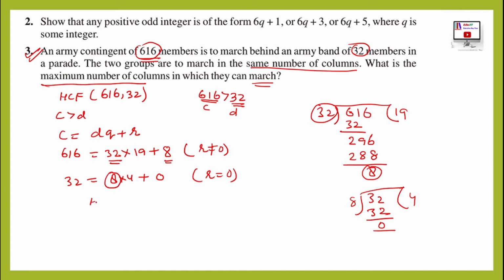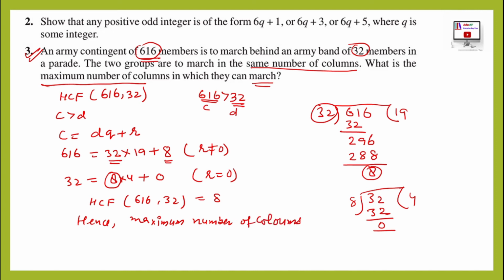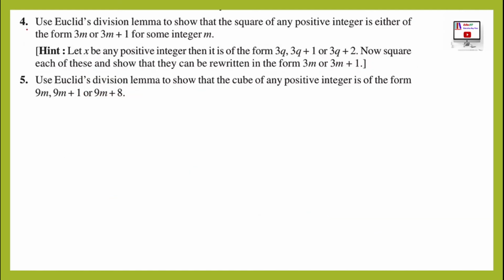So the HCF of 616 and 32 is equal to 8. So hence the maximum number of columns is 8.